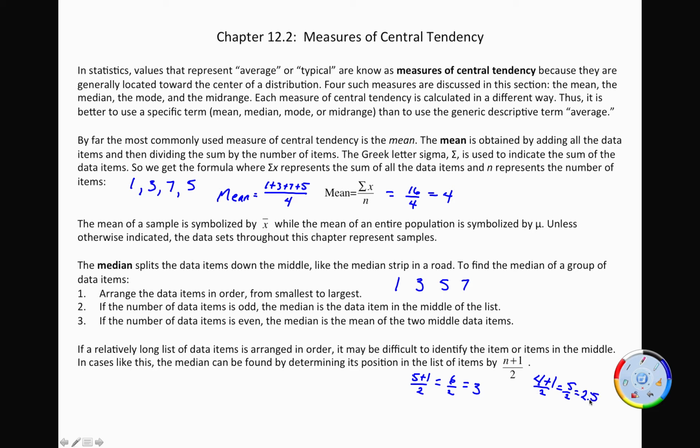Notice it tells me it's halfway in between the second and third data item. So here's the second and third data item. I need to find halfway in between there. Okay, so the mean and the median.